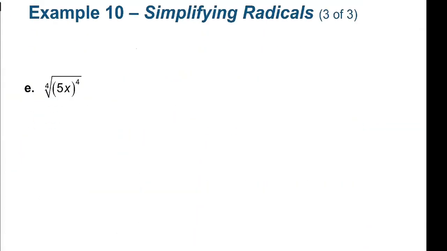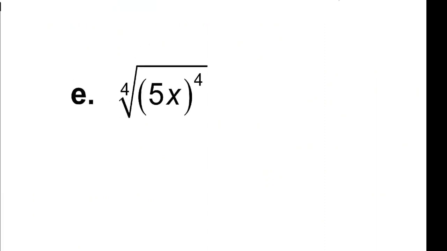For 10e, we have the 4th root of 5x to the 4th power. You could realize that your index and your power are the same, so they cancel out and it's just 5x.